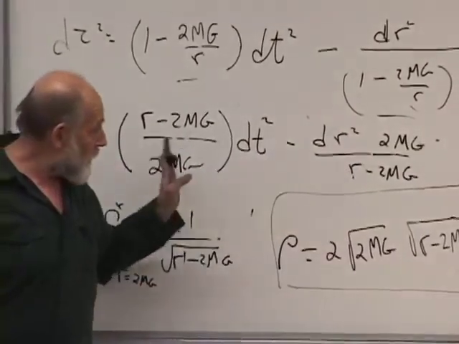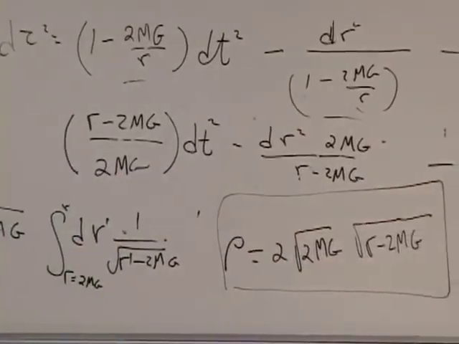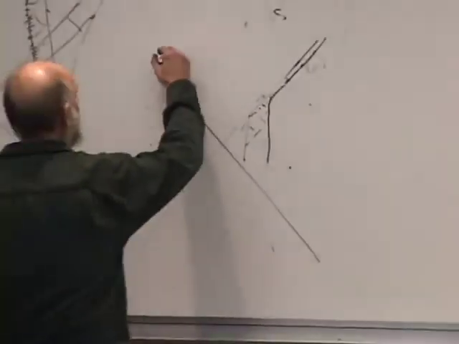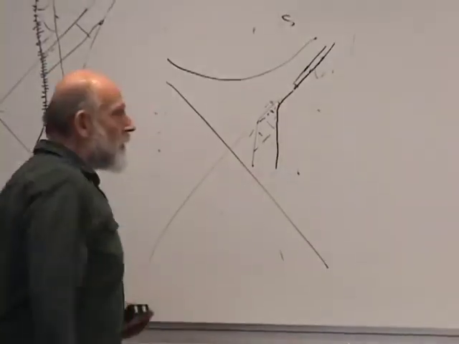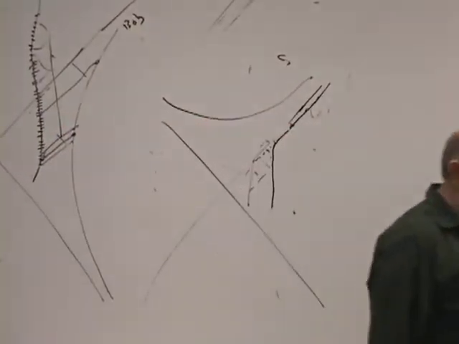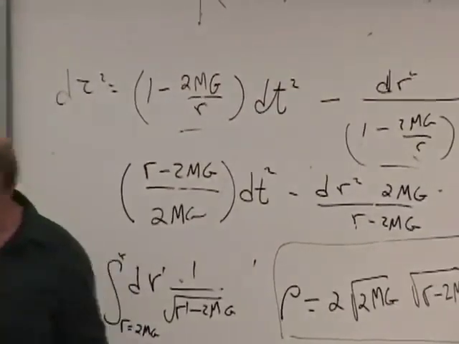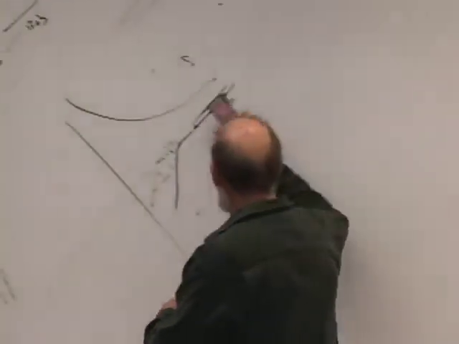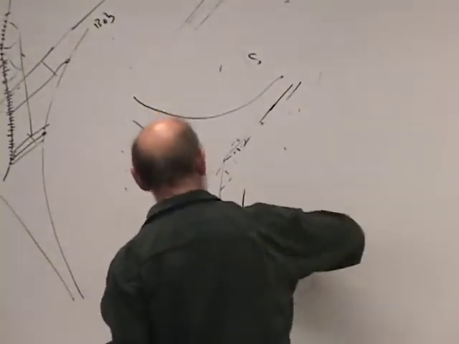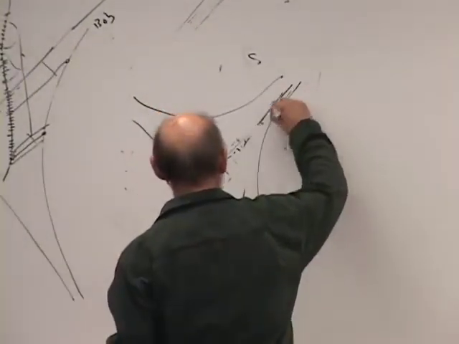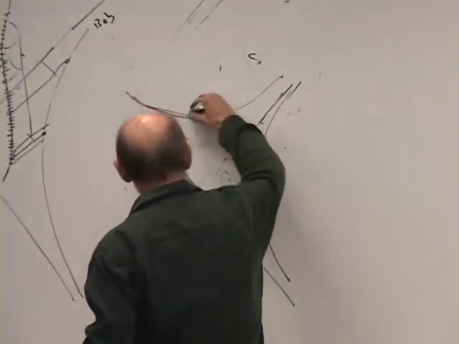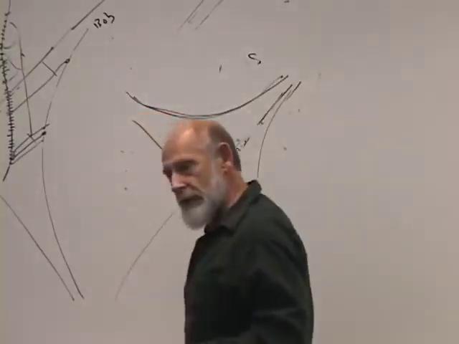Okay? For small values of r, we're in here. Fixed values of r don't correspond to time-like trajectories of observers, but they correspond to space-like surfaces like this.